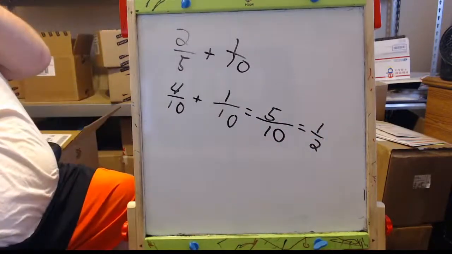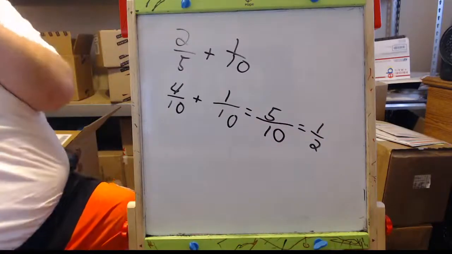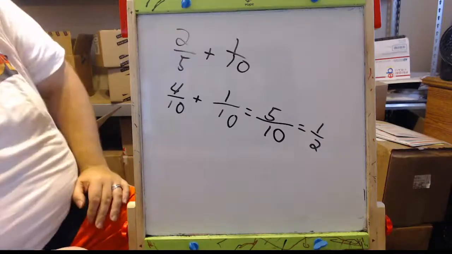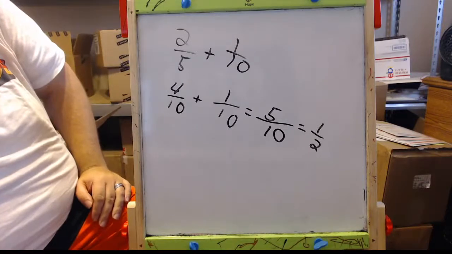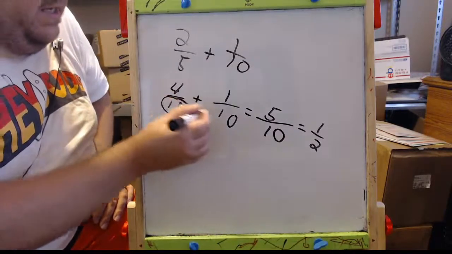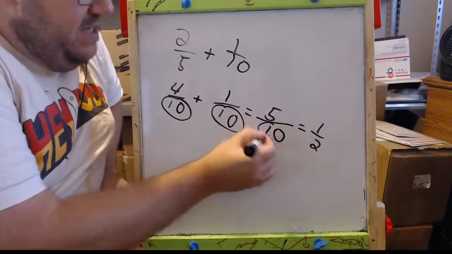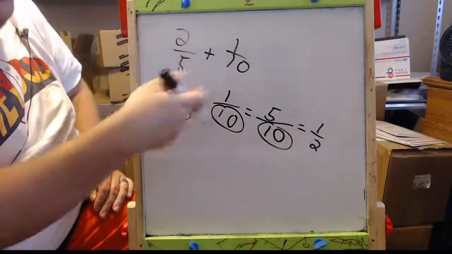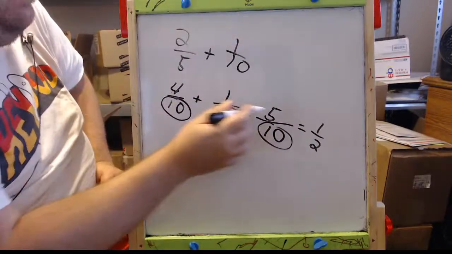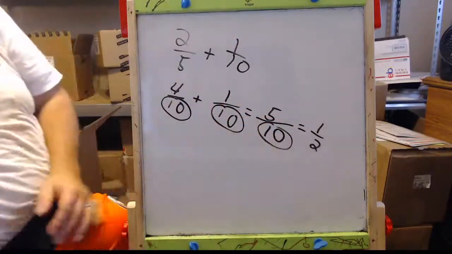1/2. So with adding and subtracting, remember these have to stay the same. If it was multiplication, you'd multiply, and divide, you'd divide. And then you add the top up, 4 and 1, that gives you 5 tenths, and that's why it's 1/2.